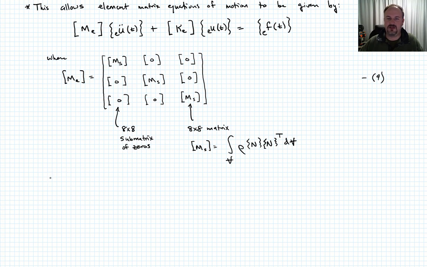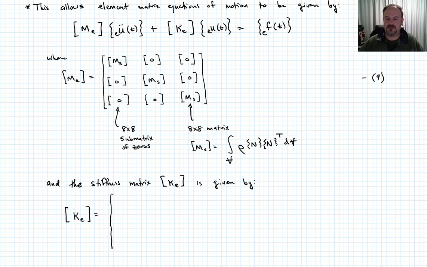How about the stiffness, okay? And the stiffness matrix K, and this is, of course, the element level stiffness matrix, is given by the following. Okay, it's also comprised of 8 by 8 blocks.